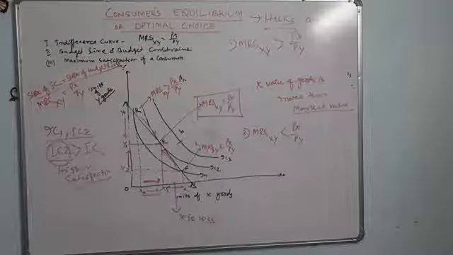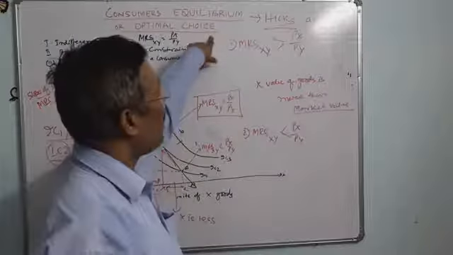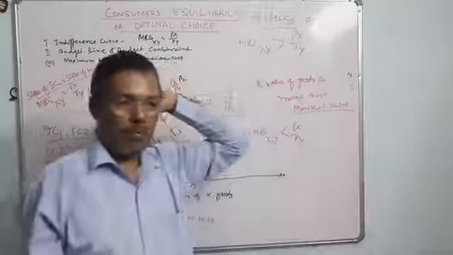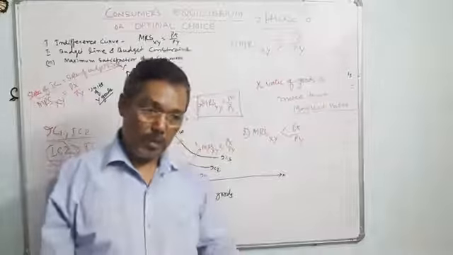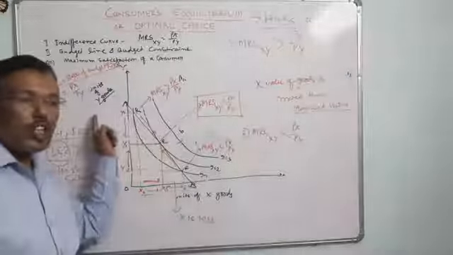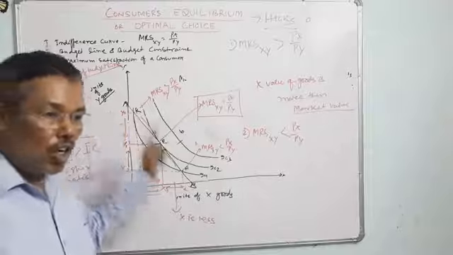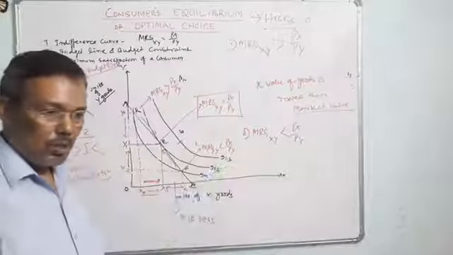A question may come either as consumer's equilibrium through indifference curve, or directly as explain Hicks' analysis of consumer's equilibrium. If a Hicks analysis question comes, then you have to analyze the indifference curve equilibrium, not the consumer's equilibrium of the utility approach.